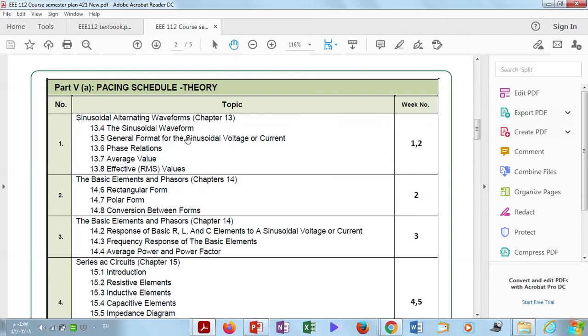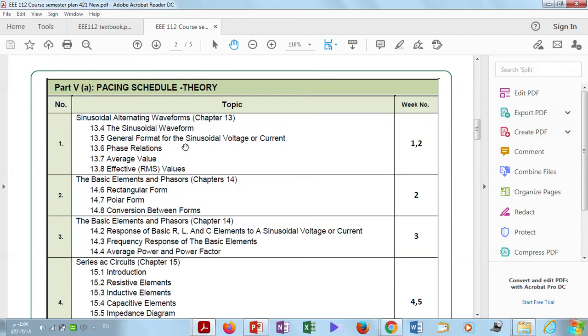We can say current 2 amperes, voltage 100 volts, and do other calculations. But here we cannot say this. It has a sinusoidal waveform, and we have variables, and we need to deal with the angle.